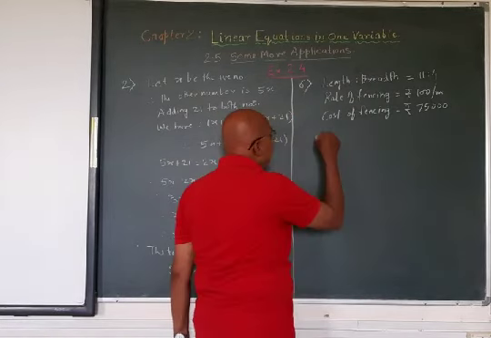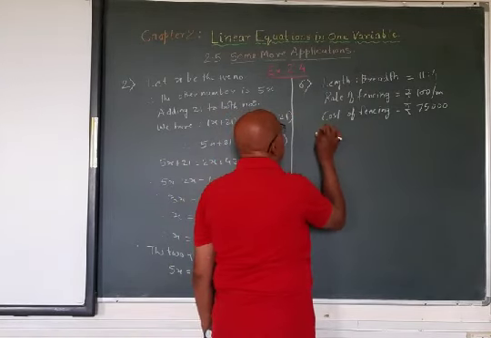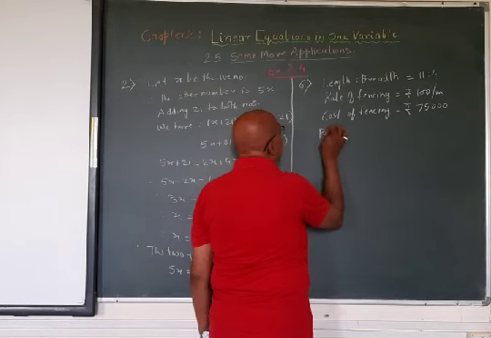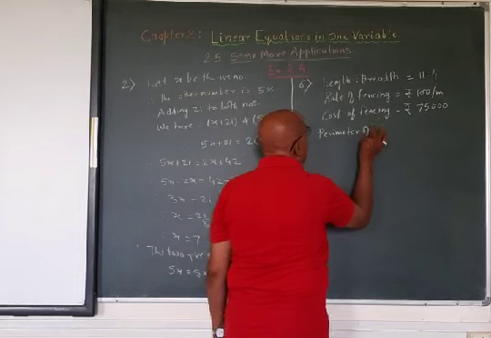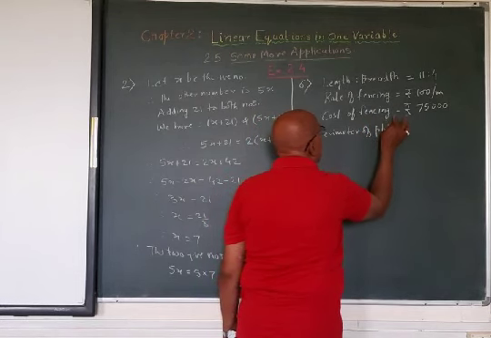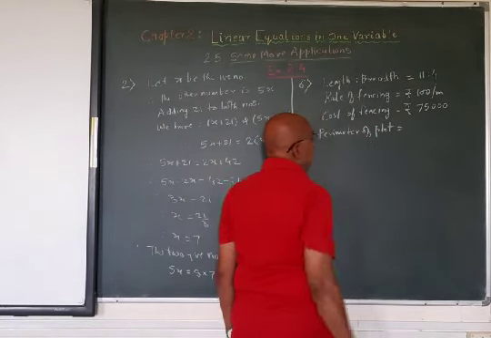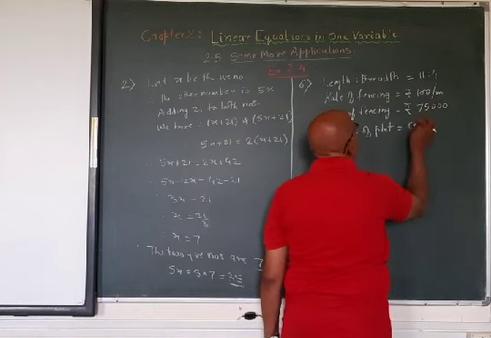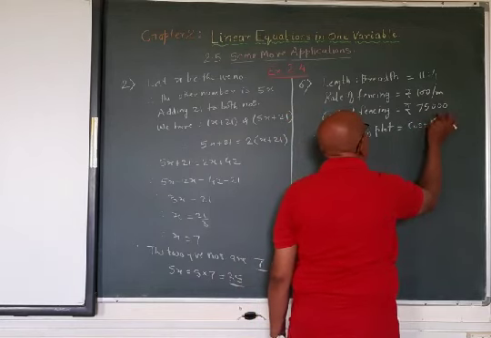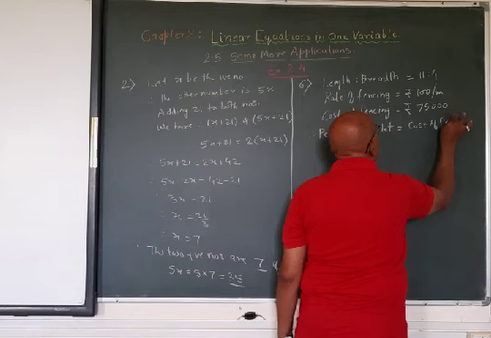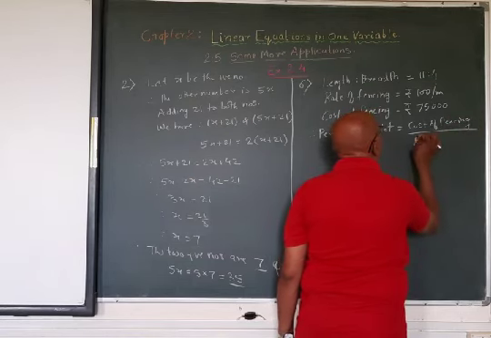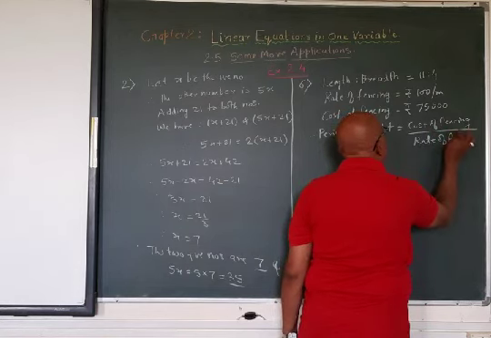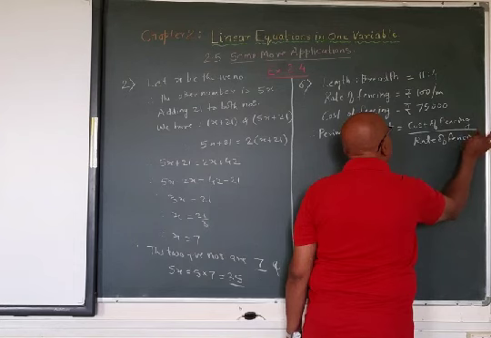Therefore perimeter of the plot equal to cost of fencing upon rate of fencing.